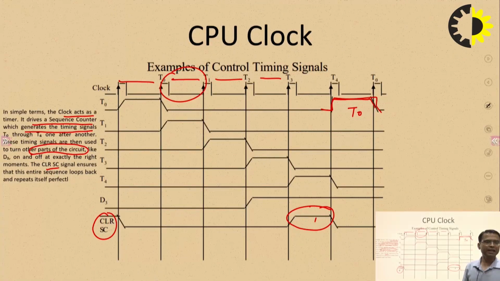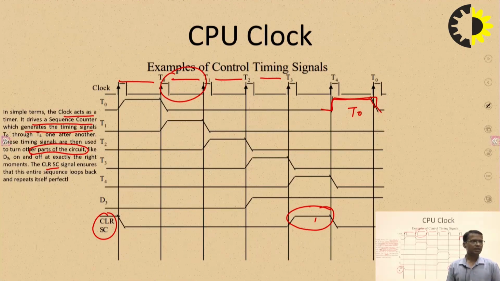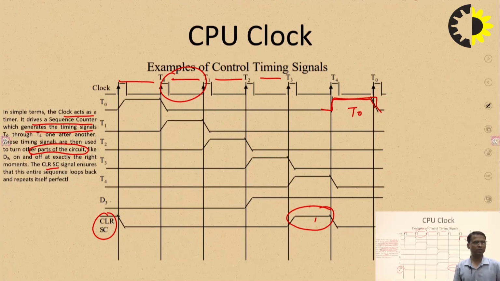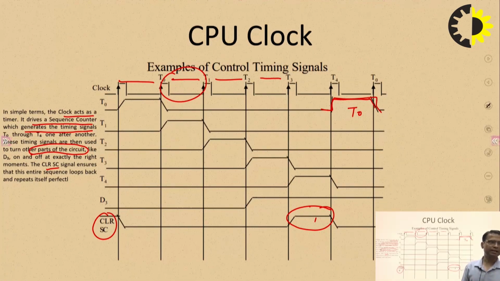These cycles are executed by the clock, and the clock is basically a drive sequence given to a counter that counts the timing from T0 to T4, and there is a clear sequence counter element that reduces the count to 0 when it reaches T4.